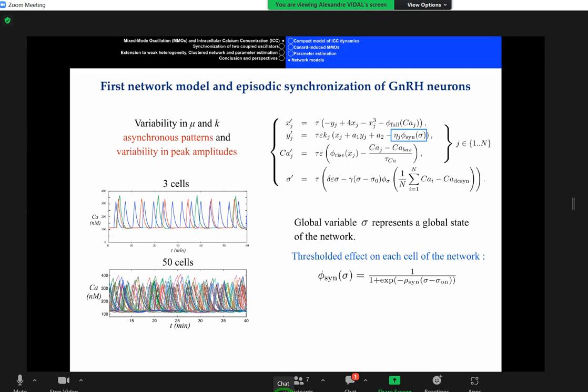Sigma sin is a thresholded effect on each cell of the network, given by this global variable sigma.